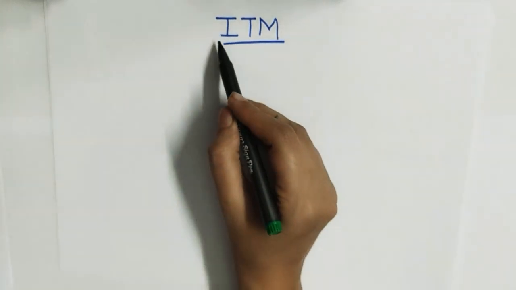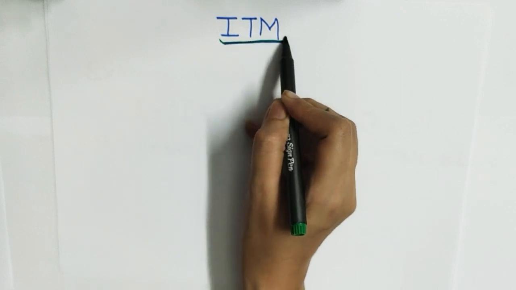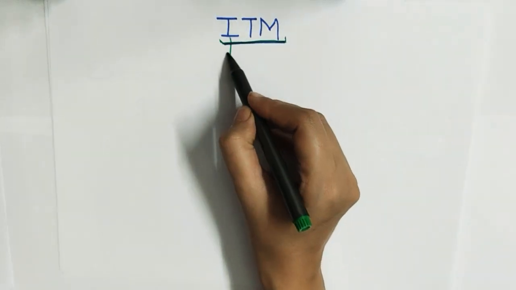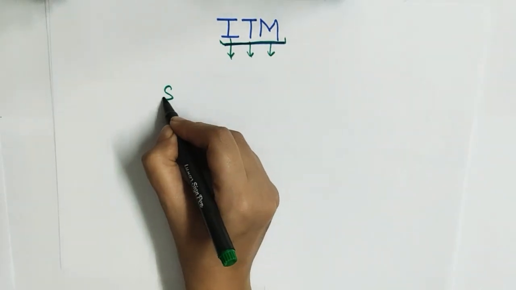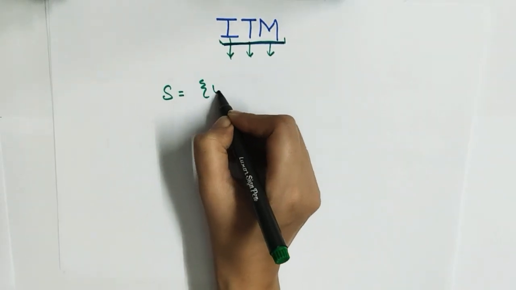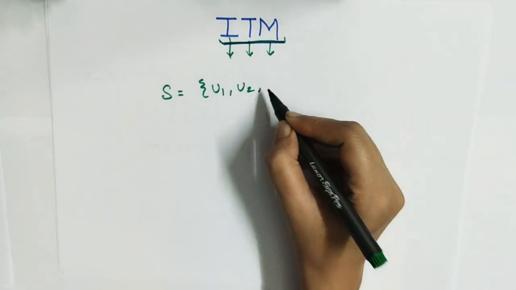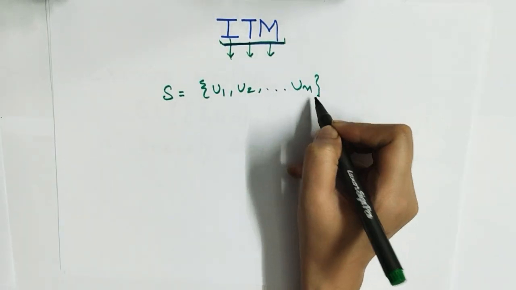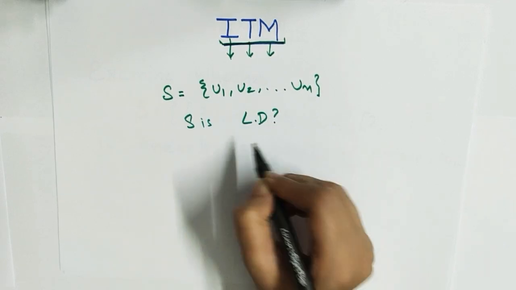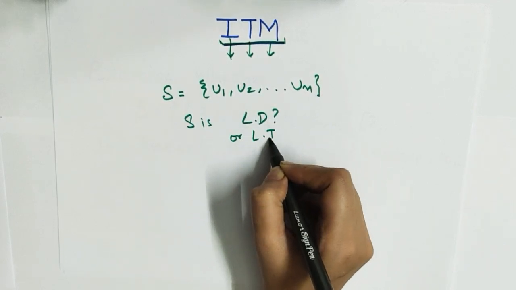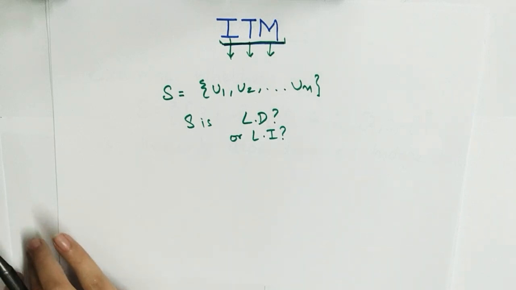So let us now discuss how ITM works. ITM stands for Independence Test Method. We are given a set S that will contain some vectors u1, u2, un, and I need to find out whether S is linearly dependent or linearly independent. So how do we do that?